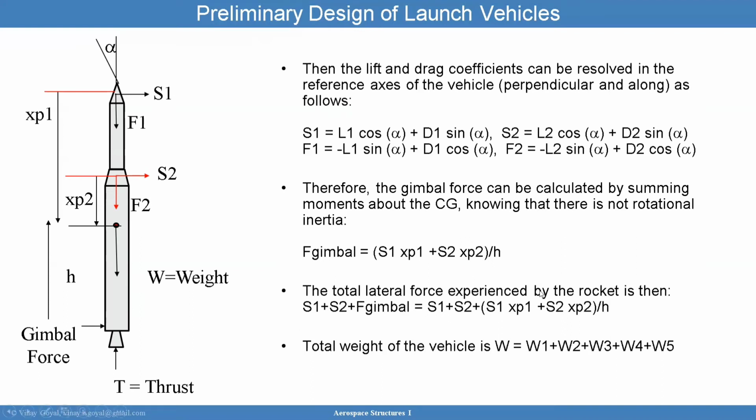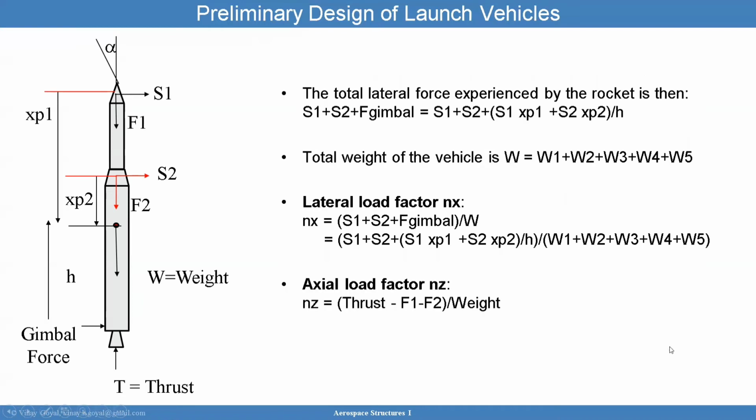So the total lateral force experienced by the rocket is S1 plus S2 plus F gimbal. The total weight of the vehicle is W equals W1 plus W2 and so forth. So I have the total force of the vehicle, I have the total weight, and so I can calculate the lateral load factor NX that balances the summation of forces.